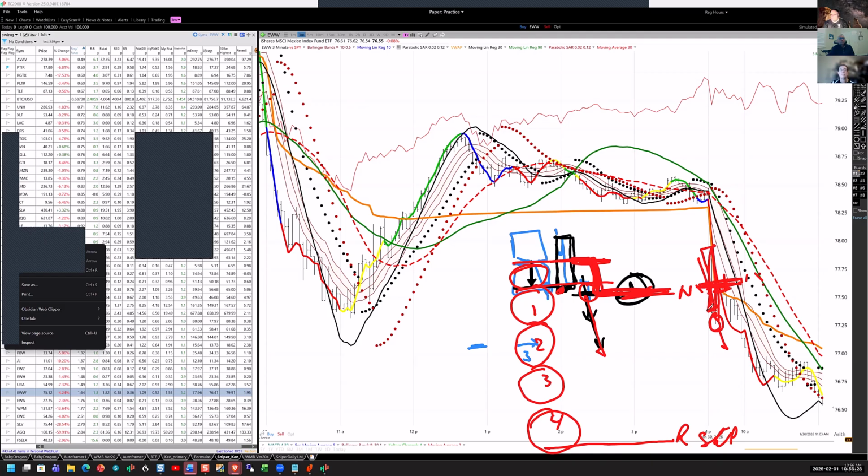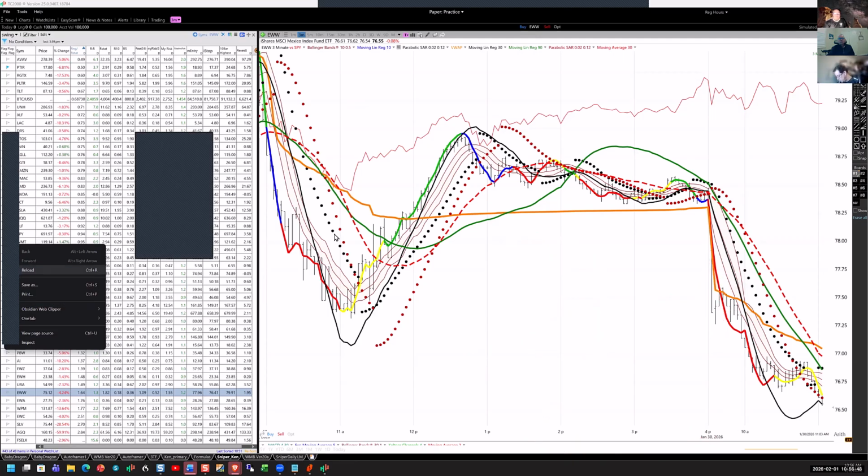I'm sorry, that's EWW. Let me go back to silver. Anyway, my point is, you've got to weigh which one you want, the R5 move or the OR3 move, and half the time you'll be right. You just got to pick the one that you want.